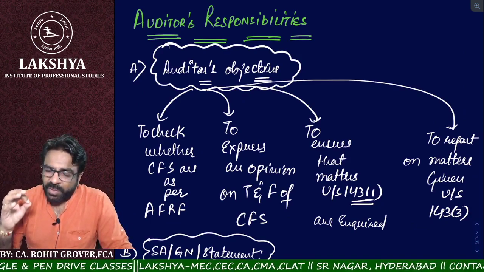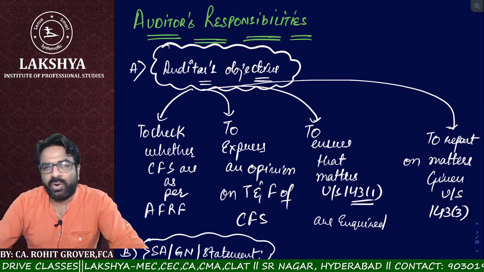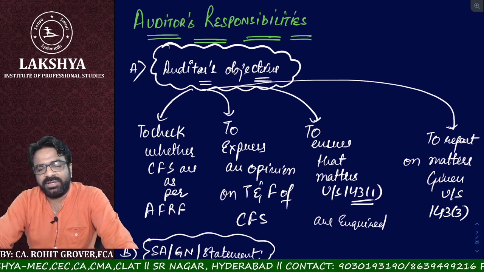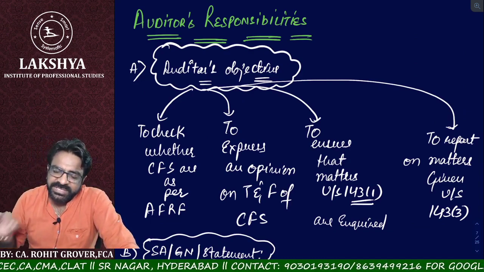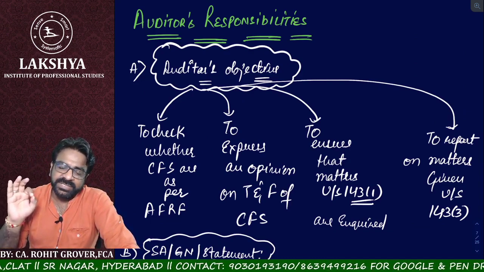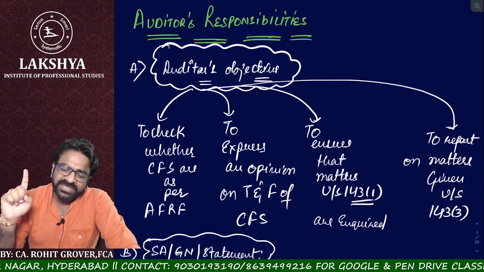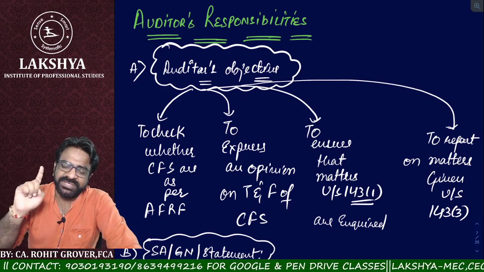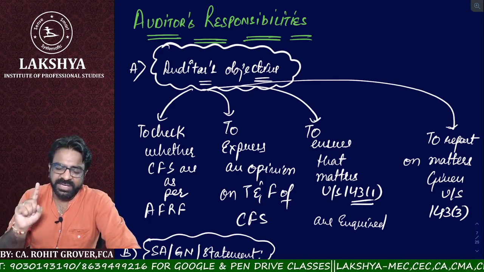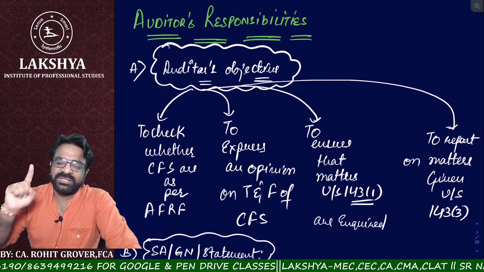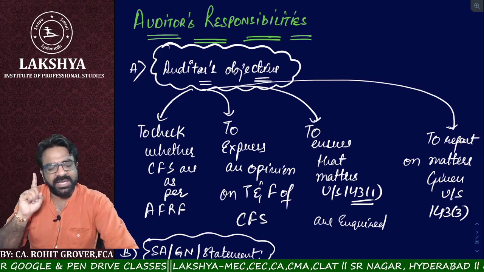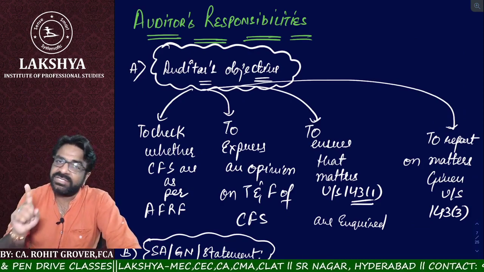What are the auditor's objectives first of all when it comes to the audit of financial statements? Auditor's objectives are very simple. He has to first see that financial statements are prepared as per the applicable financial reporting framework. He has to first see that consolidated financial statements have been prepared as per AFRF. Sir, what is AFRF? Applicable Financial Reporting Framework.